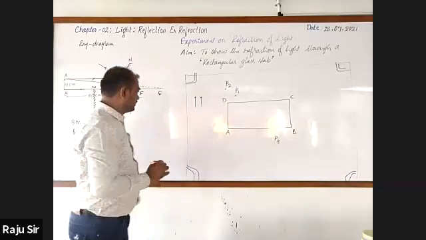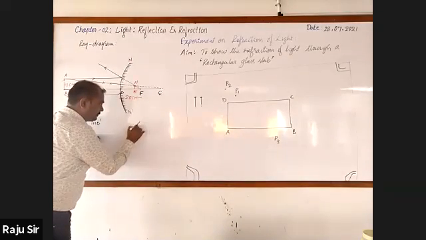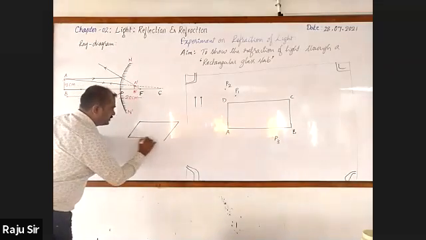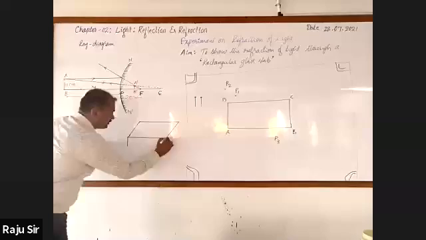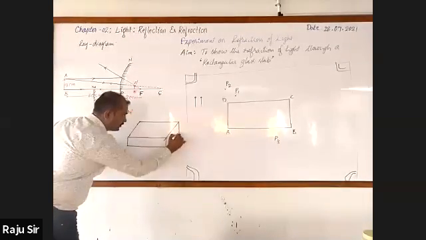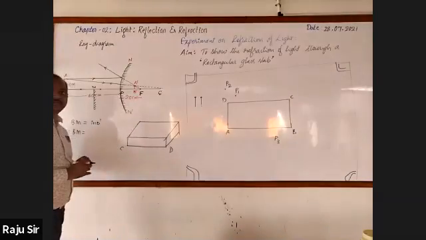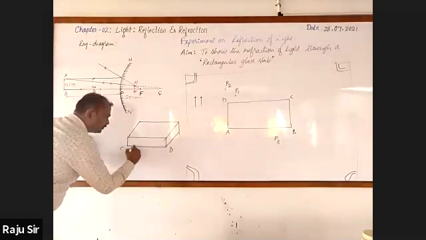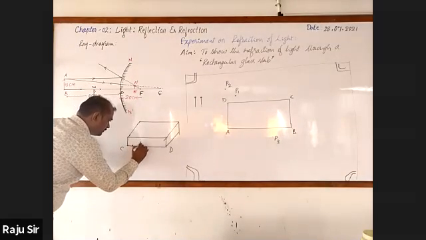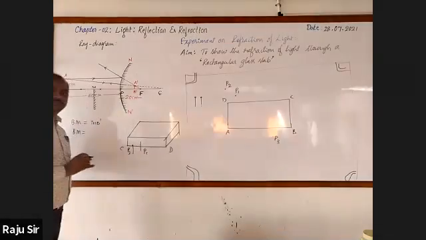Once again, this is a rectangular glass slab. Here, assume that this is the face CD. Here you have already fixed two pins, this is P1 and this is P2.